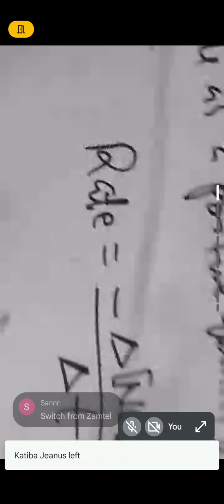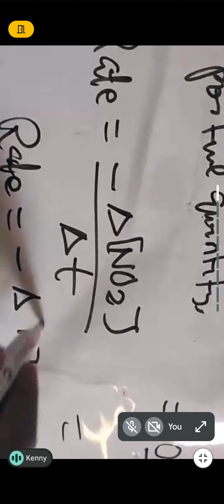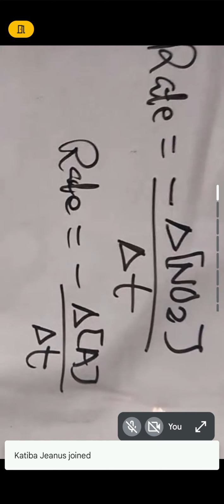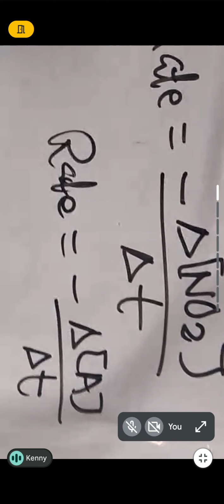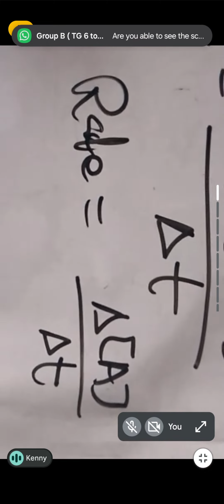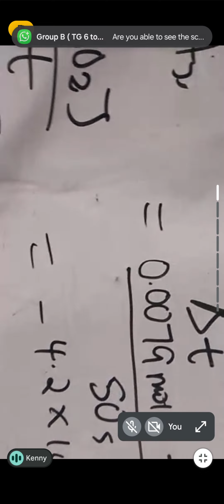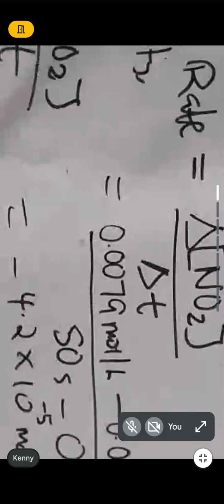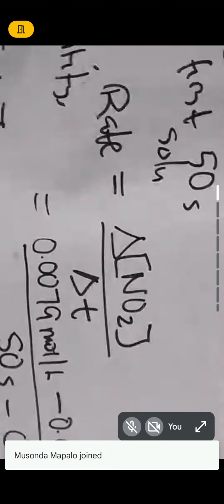For a general reaction, rate is equal to negative delta A over delta T. Since the negative will cancel, you can just write delta A over delta T. But if this negative should not appear, you present it as a positive quantity. Hope it's clear.